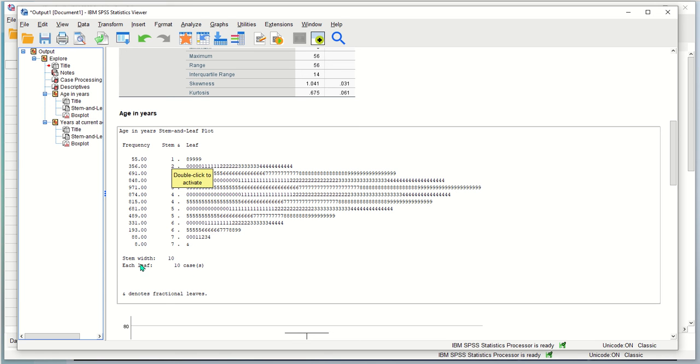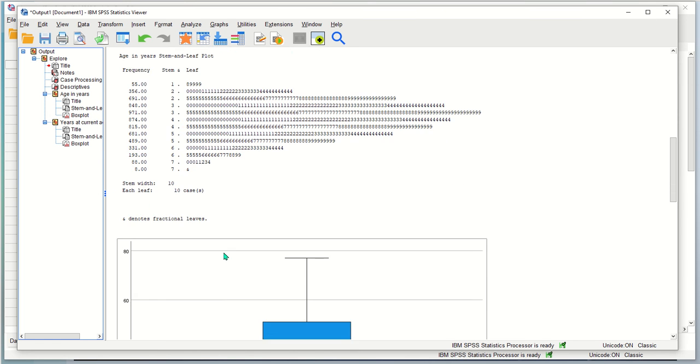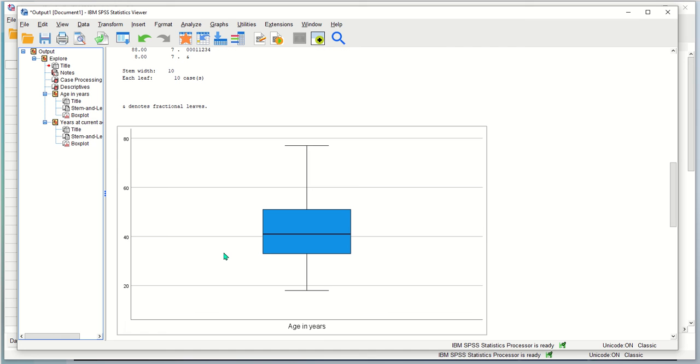However, when you look here, you'll notice that each leaf actually represents 10 cases. So in actuality, there's 10 18-year-olds and around 40 19-year-olds. Continuing on, then you get the box plot, which shows a fairly normal distribution.